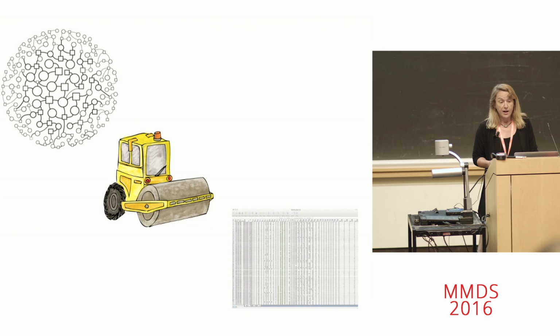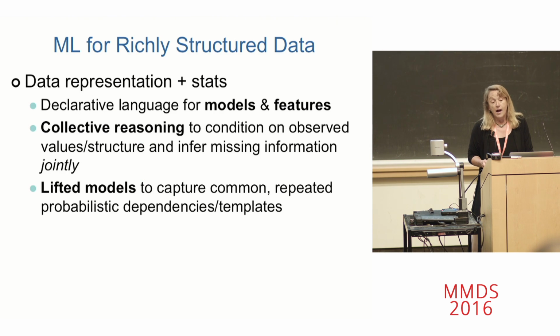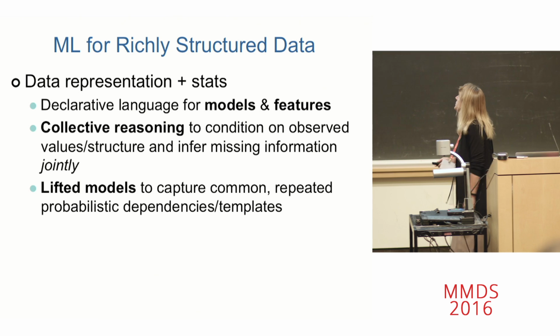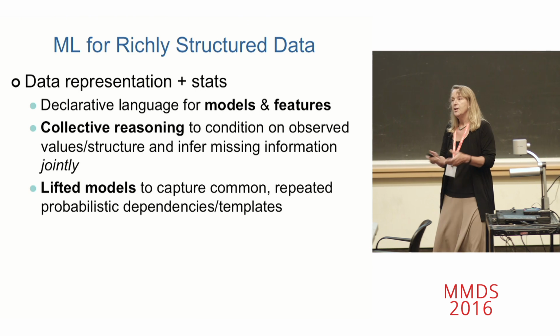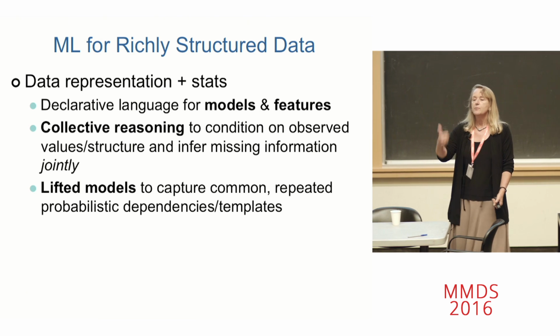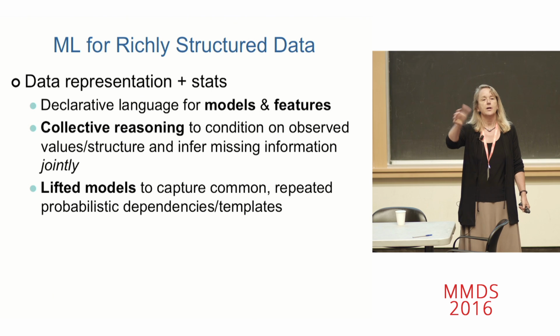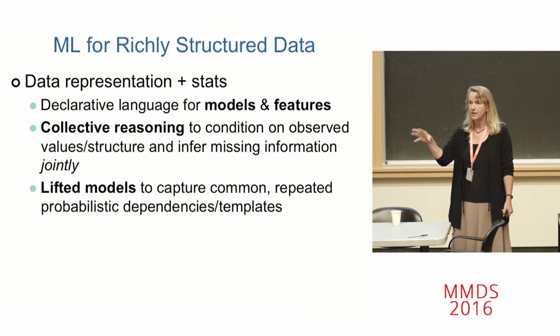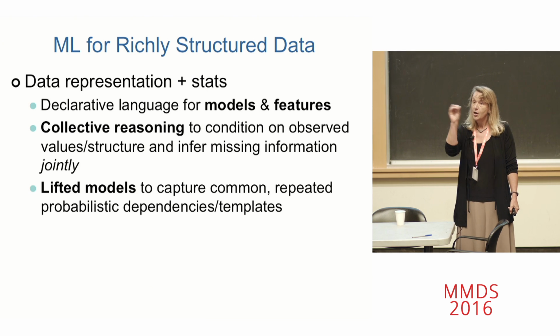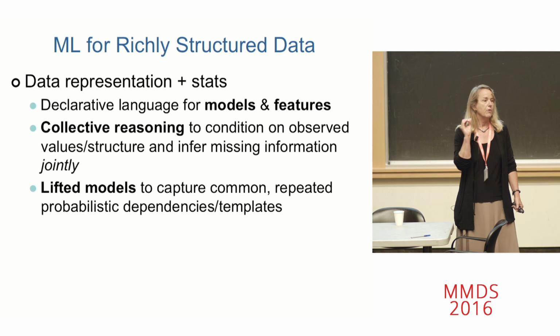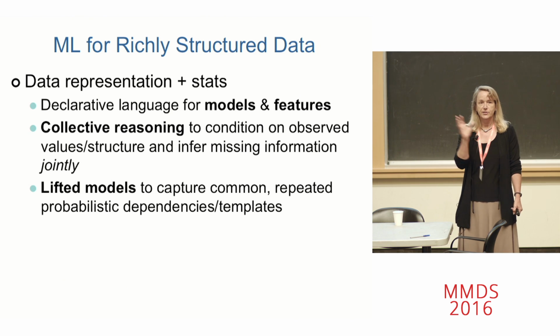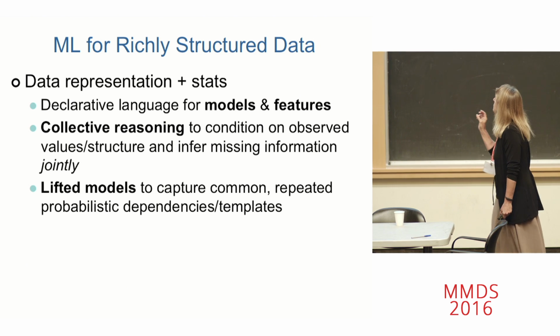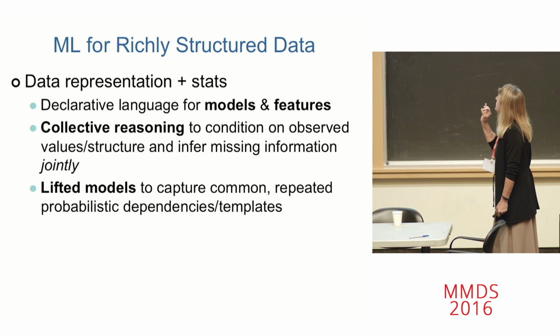And so I really think that we need machine learning methods which have some sort of declarative way of talking about that structure. So whether that's coming from using your database knowledge, your schema knowledge for representing features and also representing models, or your AI knowledge representation, whatever, I think that's important.